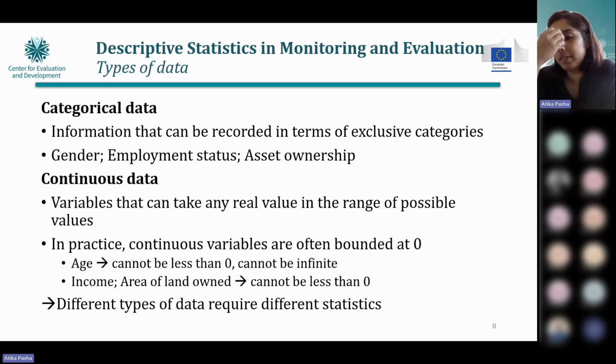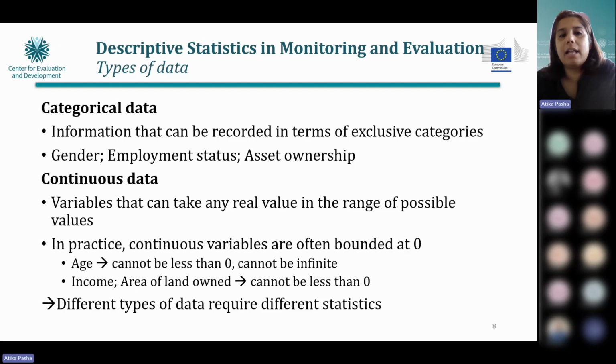Categorical variables can also exceed 2 categories. For example, employment status. You might be part-time employed, fully employed, or self-employed; these are all categories in which you can categorize individuals.